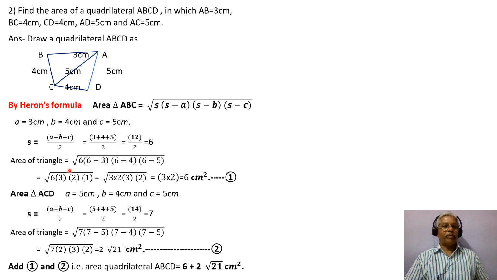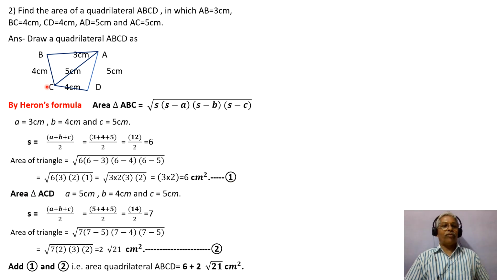Substitute, area of triangle is equal to root of 6 into 6 minus 3 into 6 minus 4 into 6 minus 5. So that equals root of 6 into 3 into 2 into 1, that is 3 into 2 into 3 into 2, that is taking 3 out and 2 out, so that is 6 centimeters square. Okay, this is one.